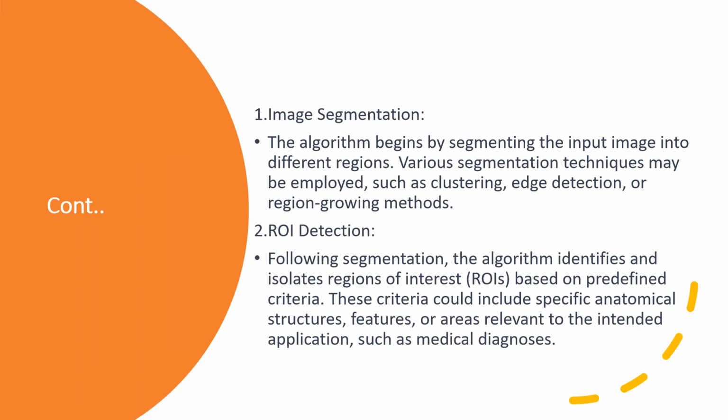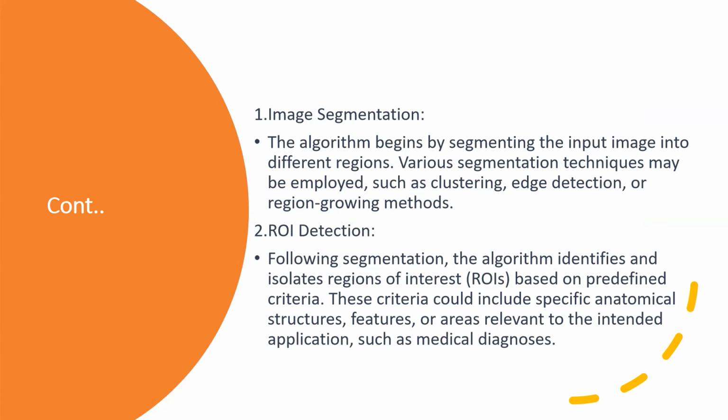Next, second is ROI detection. Following segmentation, the algorithm identifies and isolates regions of interest based on predefined criteria. Actually, the algorithm will automatically be provided with databases, meaning the algorithm is trained on past experiences. For example, for the leg, the gaps between the bones are declared as the region of interest by the doctors. For the skull, the small minute bones are declared as a region of interest.